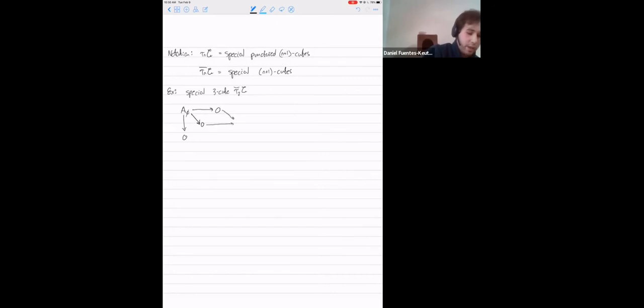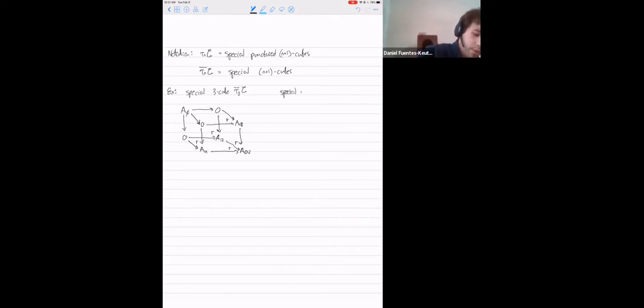And then I have, I always get the indexing off here, should probably be 0, 2. I have more objects here. And condition 2 tells me that every face in this cube is a pushout. So there's a lot of pushouts here. That's what a special 3 cube looks like. You have some objects, then zeros, then you fill in the rest of the cube with pushouts.